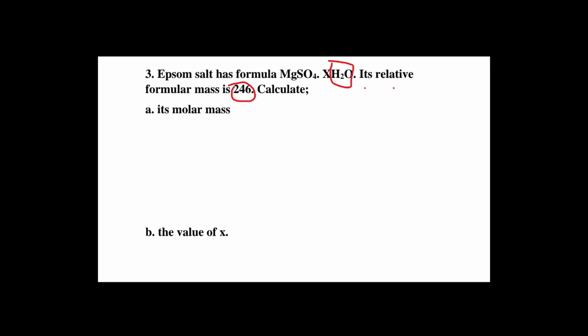The value 246 does not have units. But when we calculate the relative formula mass or the molar mass of the same compound, the magnitude is going to be the same, only that the relative formula mass will have no units, while the molar mass will have units. So there's no need to start panicking. It's just a matter of giving the same answer, but you include what?